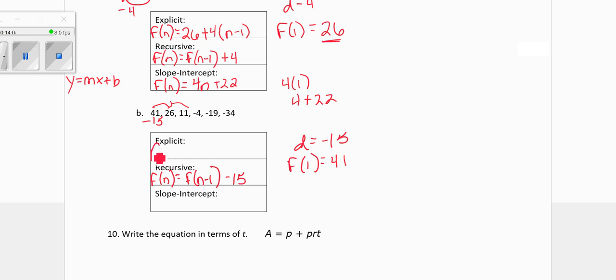My explicit, I want to take my first term, 41, and add negative 15, or I really should say subtract 15 times n minus 1.